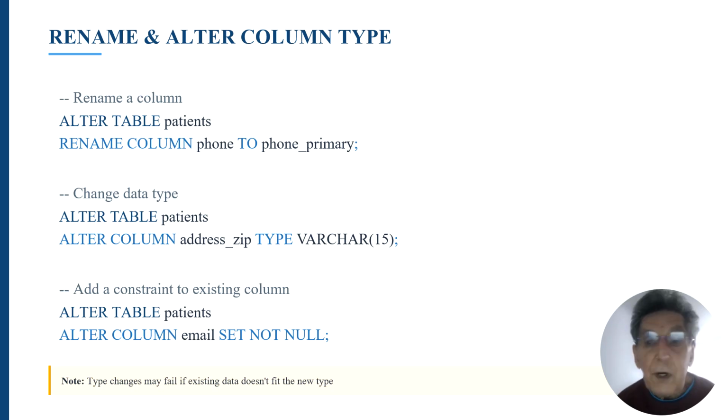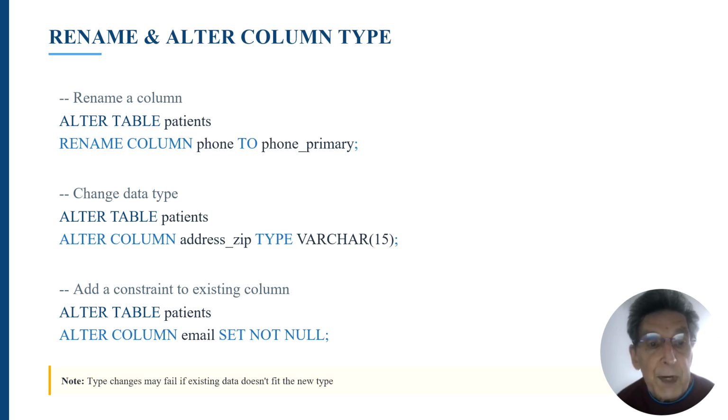These modifications are relatively safe but require care, the rename and alter commands. To rename a column, you just say alter table and the name of the table, rename column, like phone to phone_primary. And you can imagine when this will be used is when we're going to add a secondary phone column.